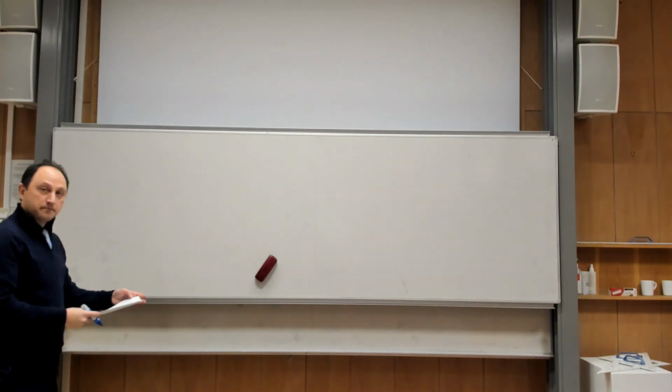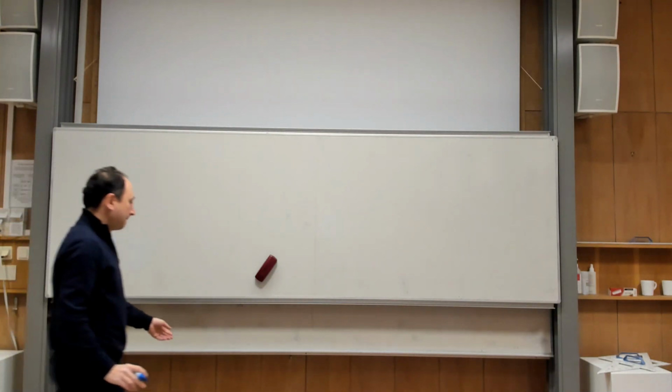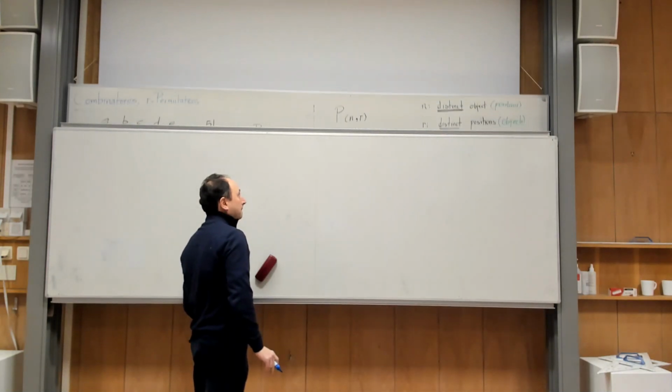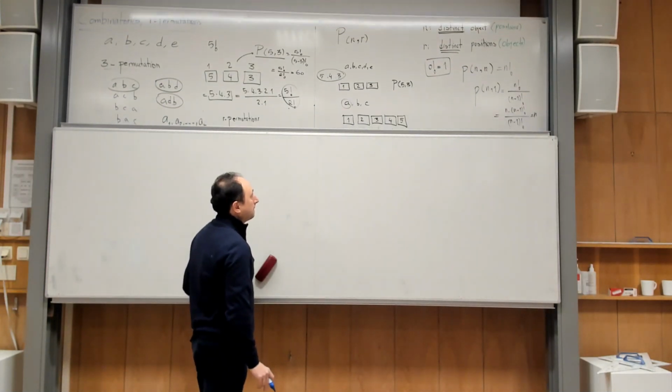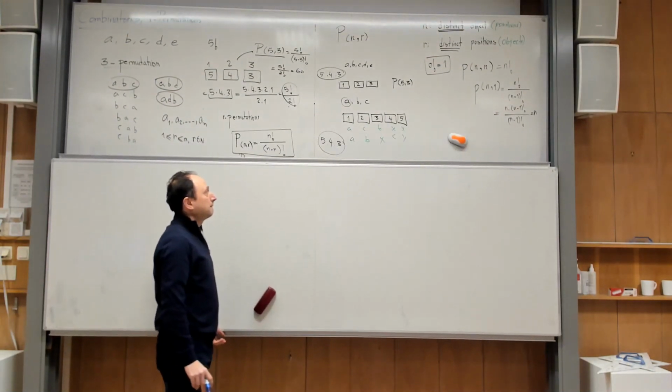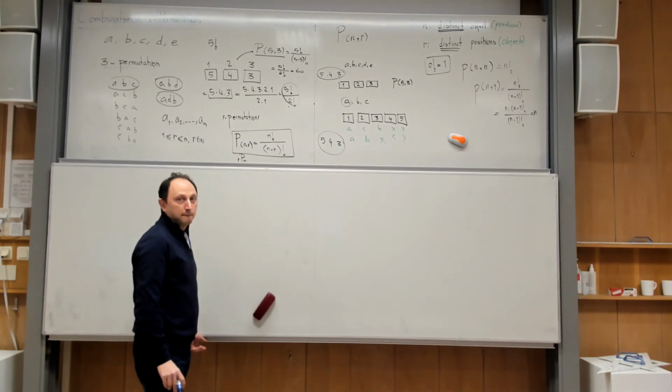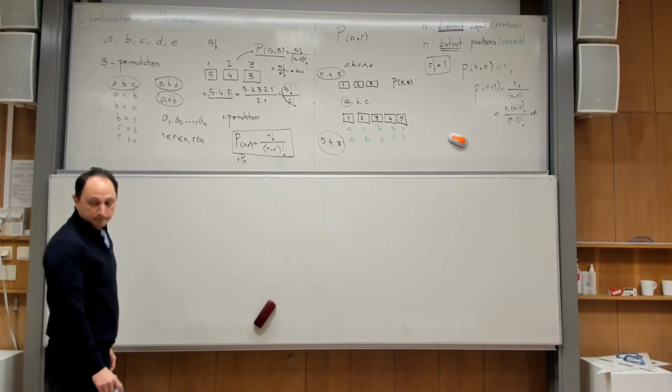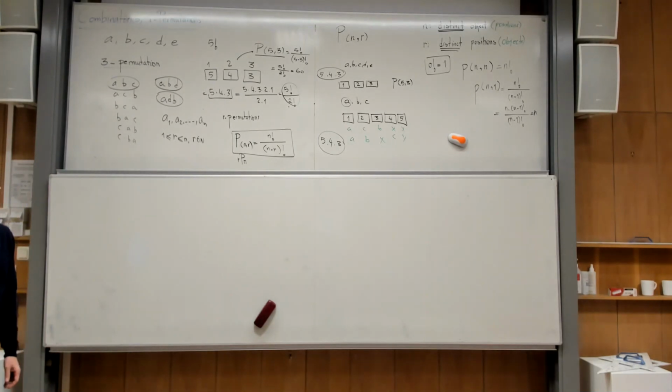A question: for the 3 permutation case that you wrote in the beginning, does that account for all the different ones that you wrote below as well? Yes, all of them.